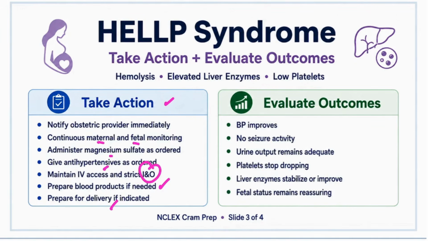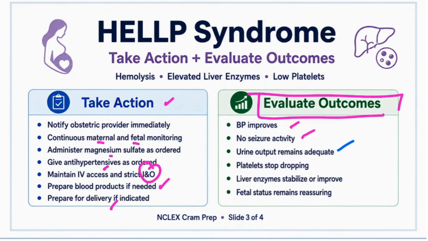But clinical judgment does not stop after an intervention. You have to ask this: did what we did actually work? That's where evaluation of the outcome is very important. We want blood pressure control, no seizure activity, adequate urine output, stable and improving laboratory values, and reassuring fetal status.